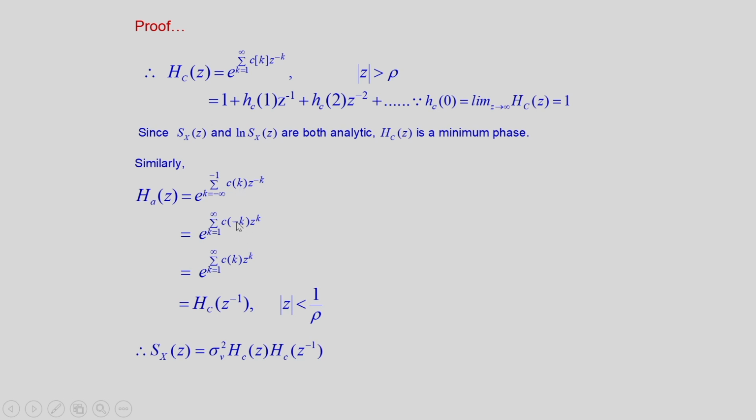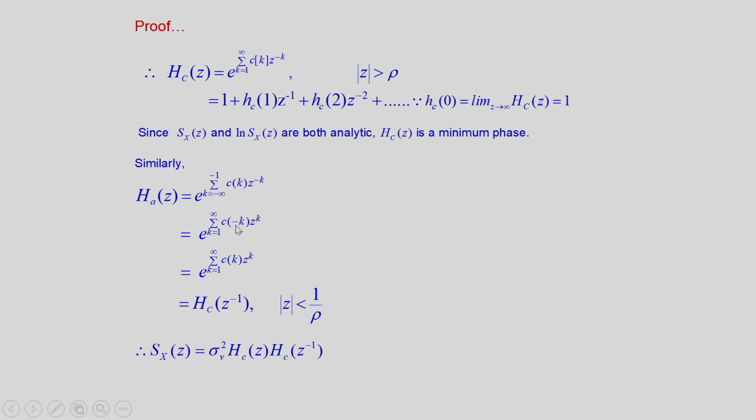If we substitute, H of z is equal to e to the power summation k going from minus infinity to minus 1 of Ck into z to the power minus k. Putting k equal to minus k, to express it in terms of positive exponent, this quantity will be C of minus k into z to the power k.